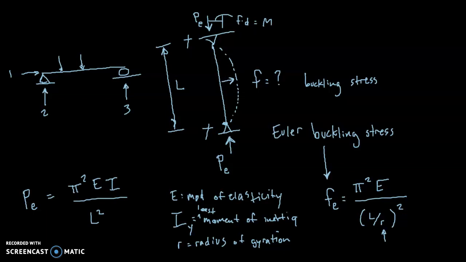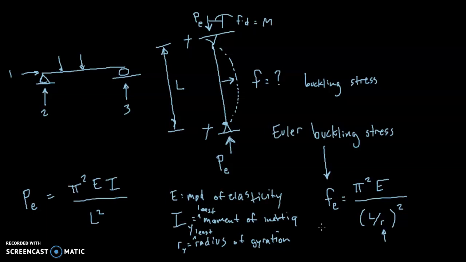And again, it isn't just like I. There's a radius of gyration about both the x and y axis, and we want to use the least radius of gyration, because a column, if it's allowed to buckle about either the x or y axis, will buckle about the y axis.